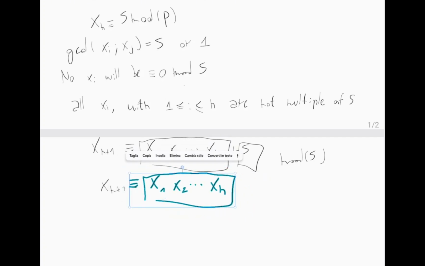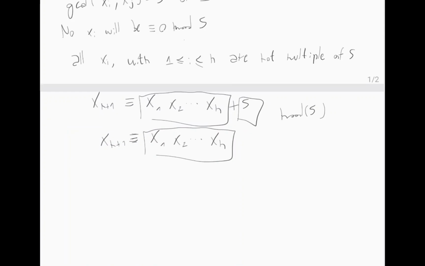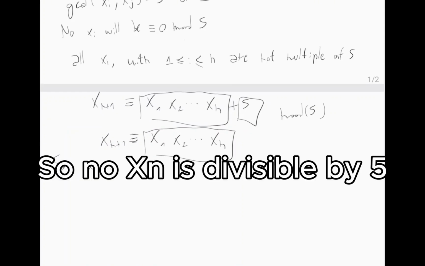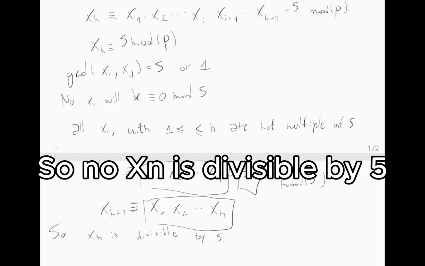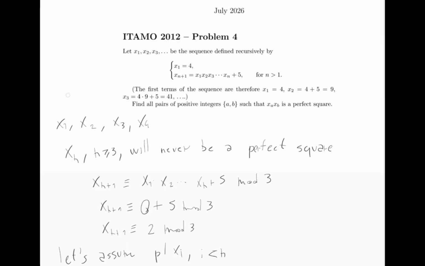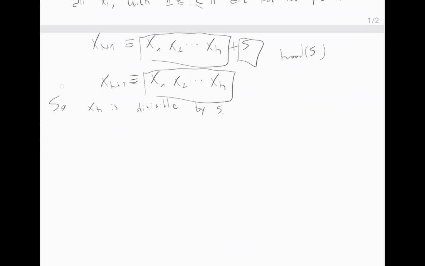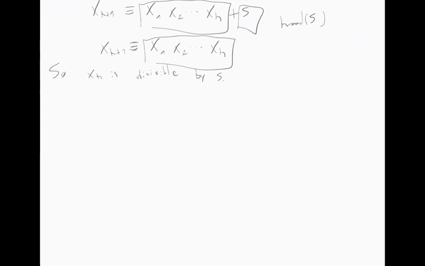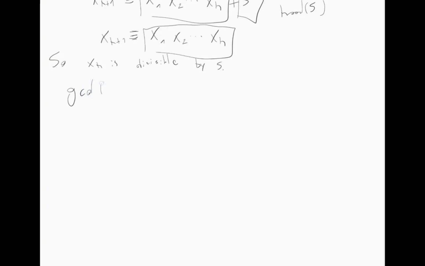And so this proves that no xn is divisible by 5, because x1, x2 and x3 are not divisible by 5. So we know that the greatest common divisor between xi and xj is equal to 1, pardon.